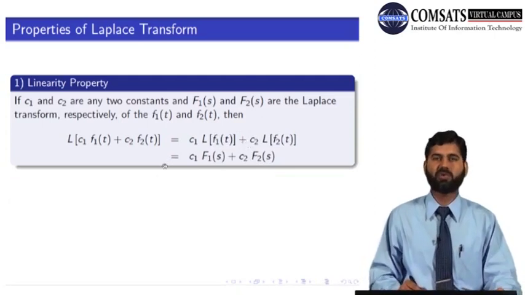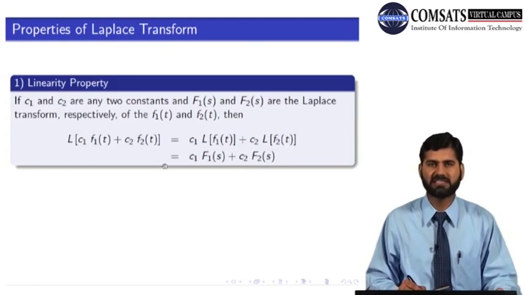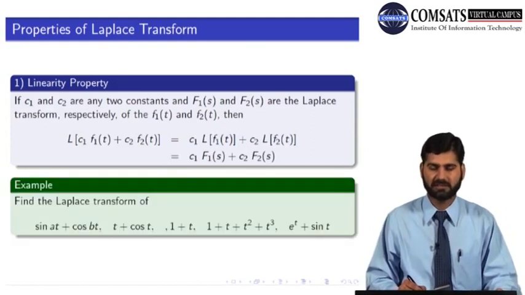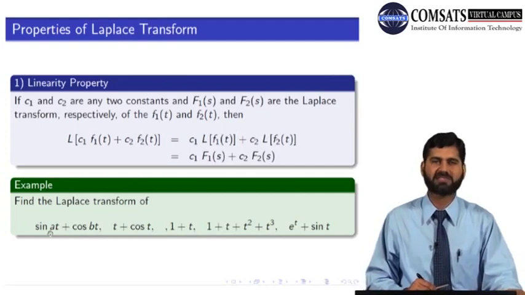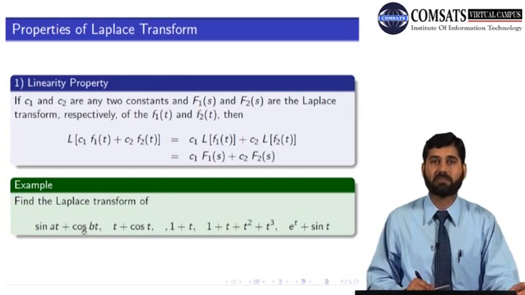By using these properties, we can find the Laplace transform of additions and scalar multiples as well. So will it be hard for you to find the Laplace transform of sin at plus cos bt? It's very easy. What is the Laplace transform of sin at? It is a over s square plus a square. Cos bt is s over s square plus b square.